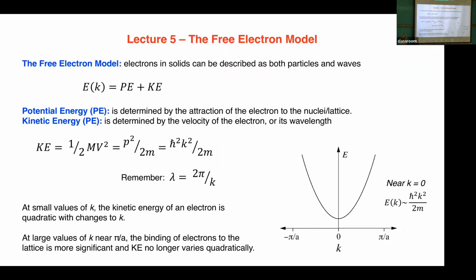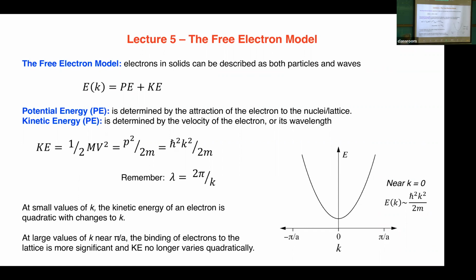The energy of a free electron is a function of its potential energy and kinetic energy. And in a lattice, you've got electrons and nuclei. And nuclei are positively charged, the electrons are negatively charged. And so there's some kind of attraction between the two. Okay, and that gives rise to a potential energy. There's also a kinetic energy that's determined by the velocity of the electron.